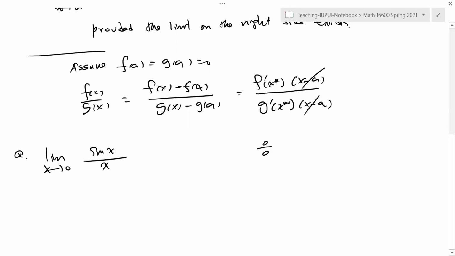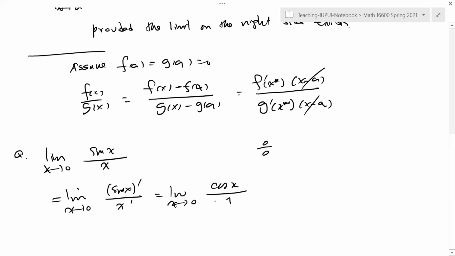So you can apply the above formula called L'Hopital's rule. Then you differentiate sine x to become cosine x, and x to become 1, so that is going to be cosine x over 1.